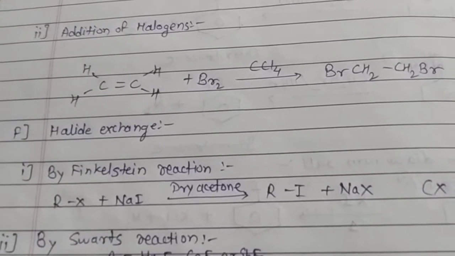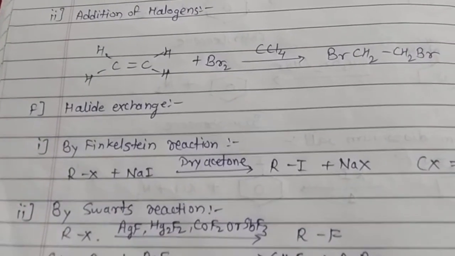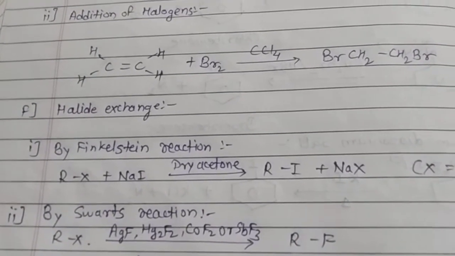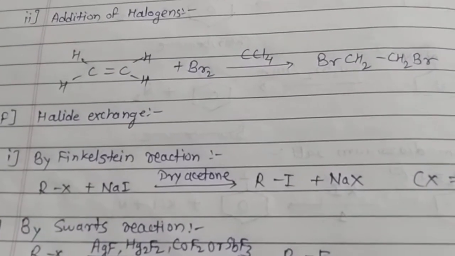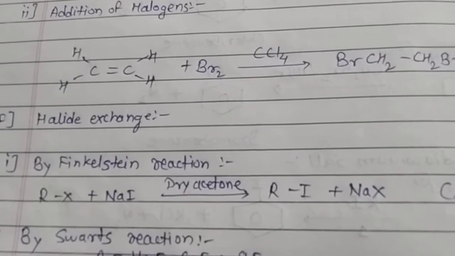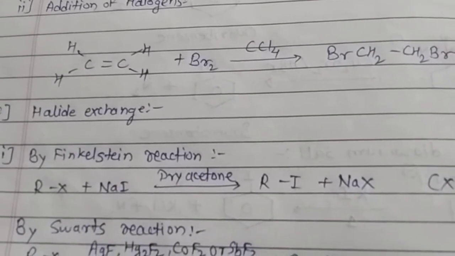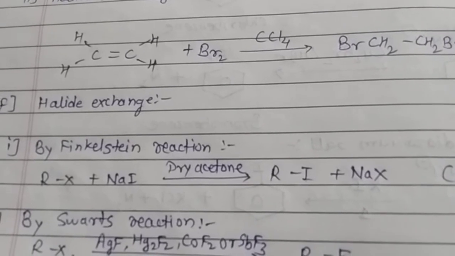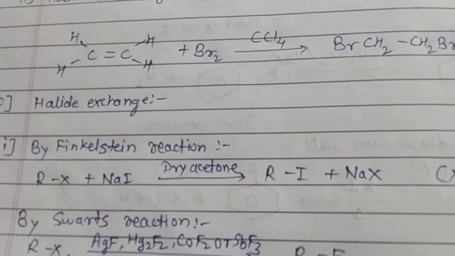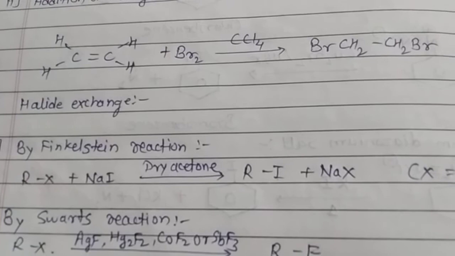And the last reaction is halogen exchange. For that we'll first see the Finkelstein reaction. When an alkyl halide is treated with sodium iodide in the presence of dry acetone, X gets substituted, okay, X goes out and I comes in.